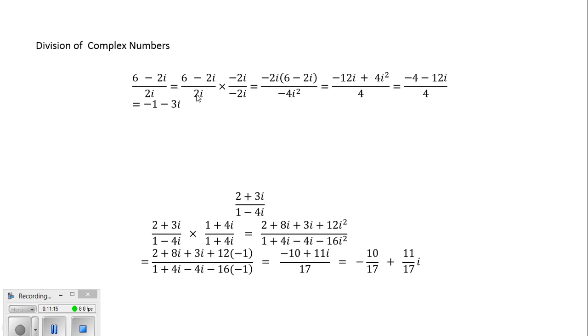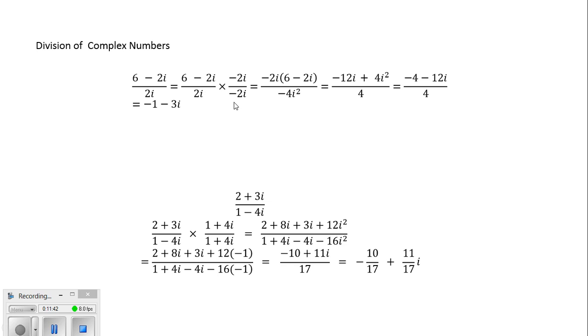The way we avoid it here is we multiply the original expression by 1, in the form of the conjugate of the denominator over itself. 2i is my denominator, its conjugate is negative 2i. And we put that over itself, which is 1, which is not changing the value, just the form.